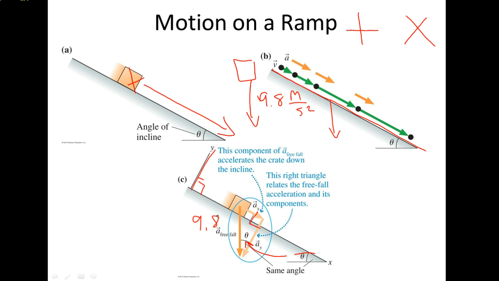And so to figure out the component of gravitational acceleration being used in my downhill motion, all I've got to know is the angle of the hill and a little bit of trig. So when I begin to look at this, I realize that I will be using the sine function, and I know that I can do 9.8 times sine theta, and that'll give me my acceleration going down the hill.